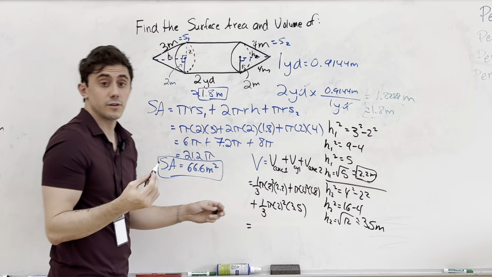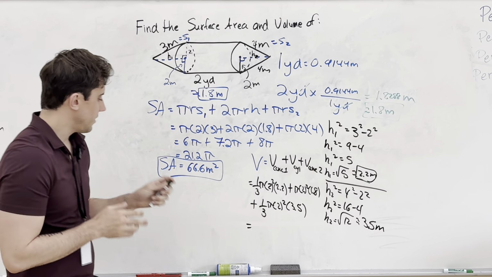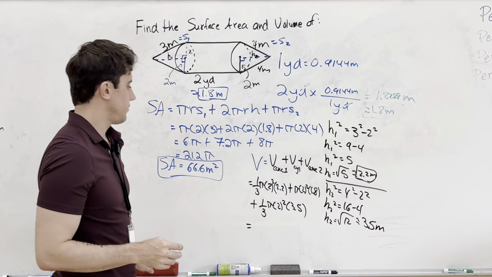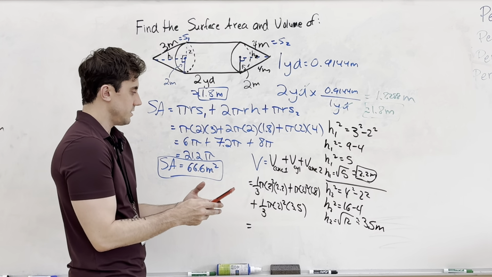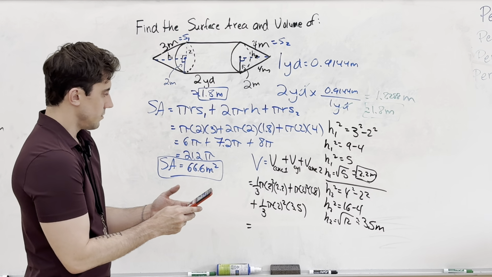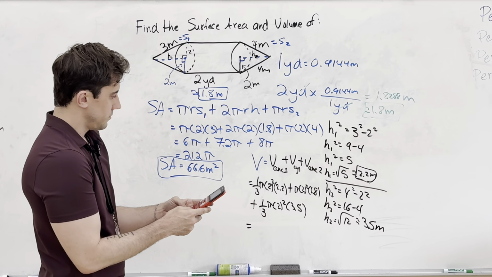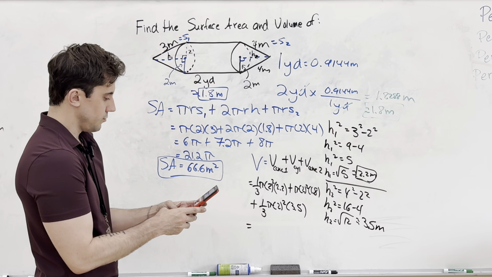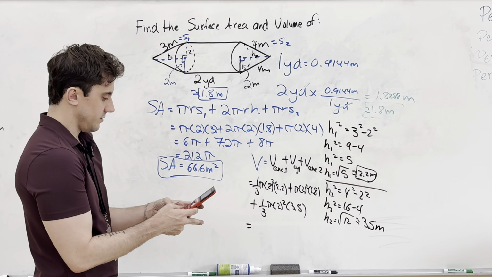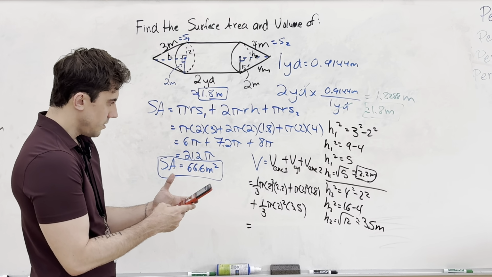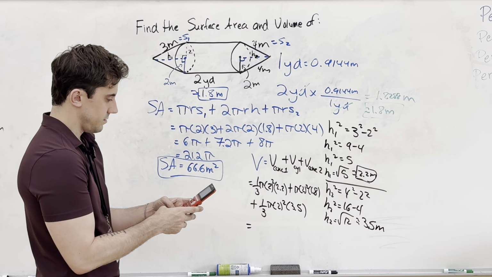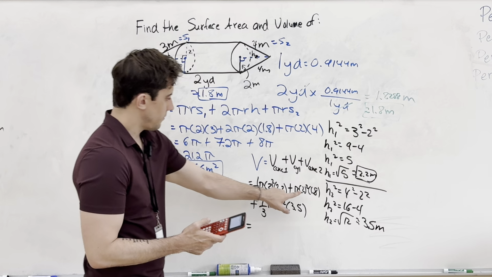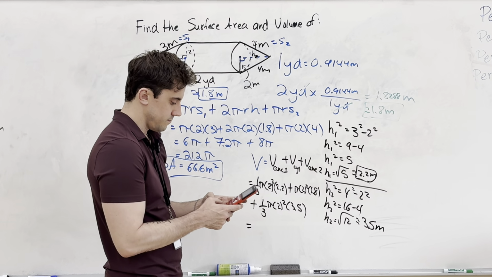And now for the volume, we're ready to sum this all up and find our final answer. Let's plug this into a calculator. These are going to be irrational values. So we'll have 2 squared times 2.2 times pi divided by 3, plus 4 times 1.8 times pi.